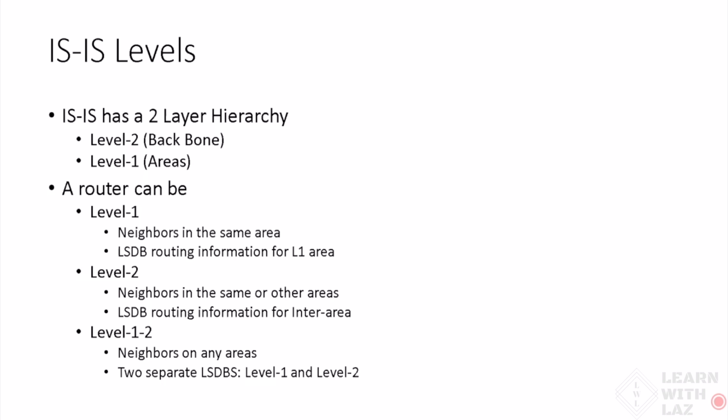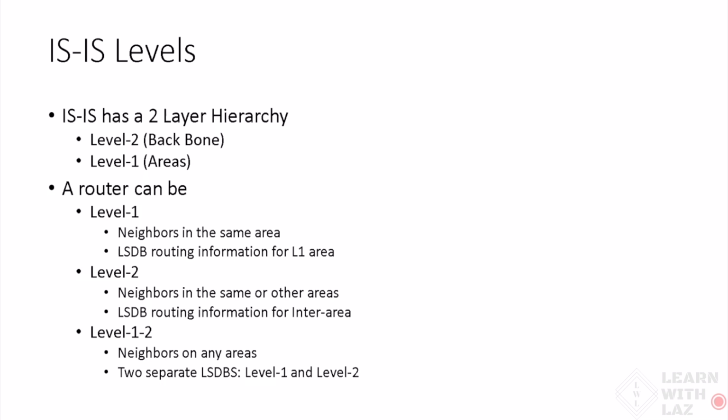Because level 2 routers do not talk to level 1 routers or vice versa. Okay, so rules: level 1, neighbors in the same area, and your link state database routing information is for the L1 area. Okay. Level 2, neighbors in the same or other areas, okay, and it is considered not an intra-area like level 1, but an inter-area router.